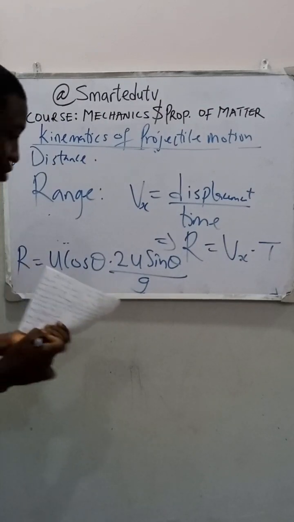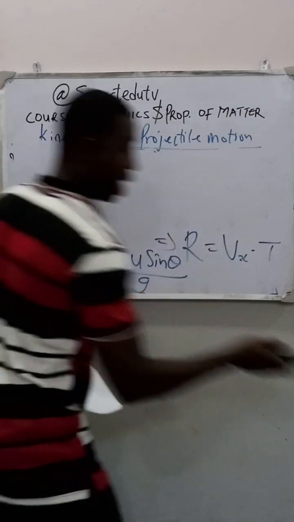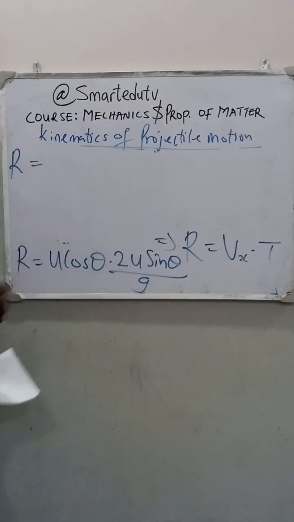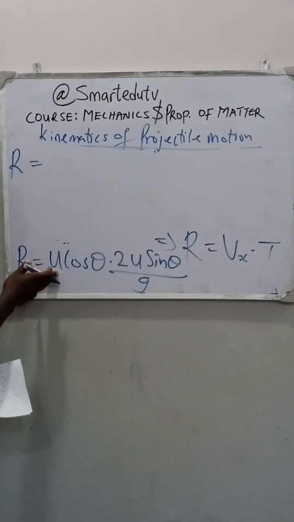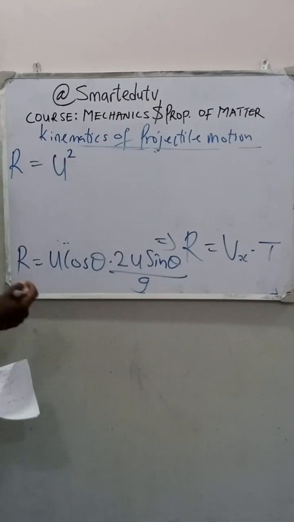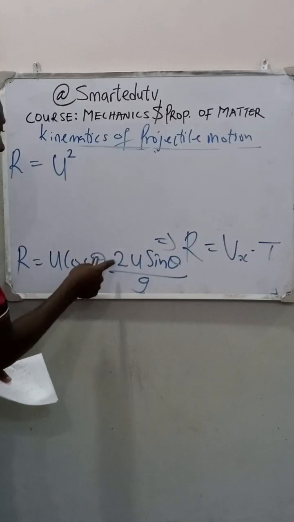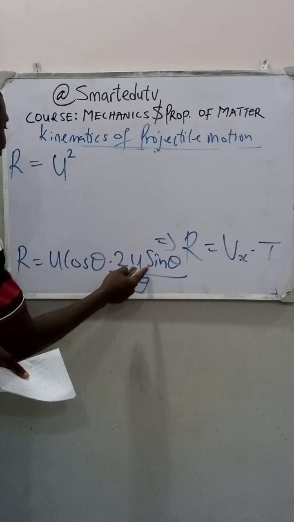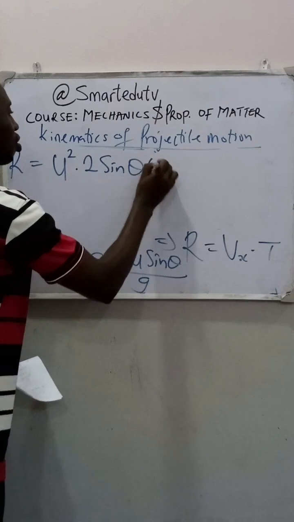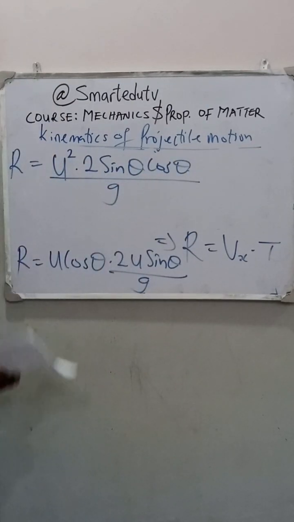If you look at the two of them, I can combine them as range R equal to, there's g here, there's another g here, I can have u squared, I pick this u, I pick this u, I'm left with 2 multiplying sin theta and cos theta, everything divided by g.